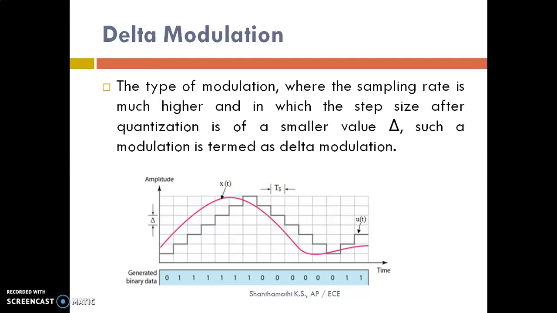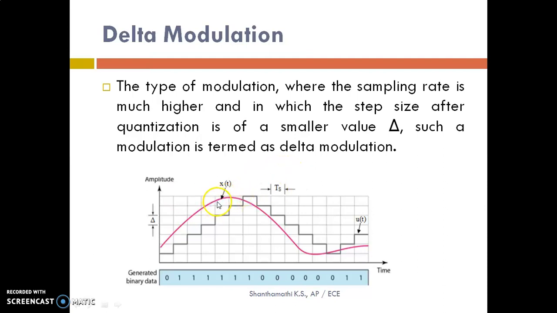Such a modulation technique is termed as delta modulation. The working principle here is that it transmits only one bit per sample. Here the present sample value is compared with the previous sample value, and the result, whether the amplitude is increased or decreased, is transmitted. For this we have to consider an input signal x of t.